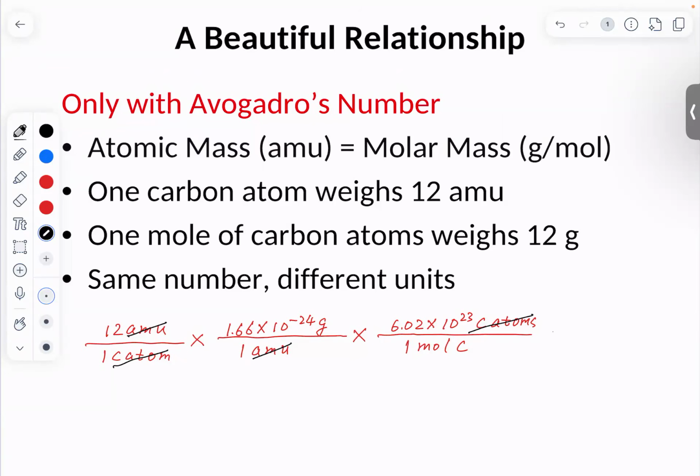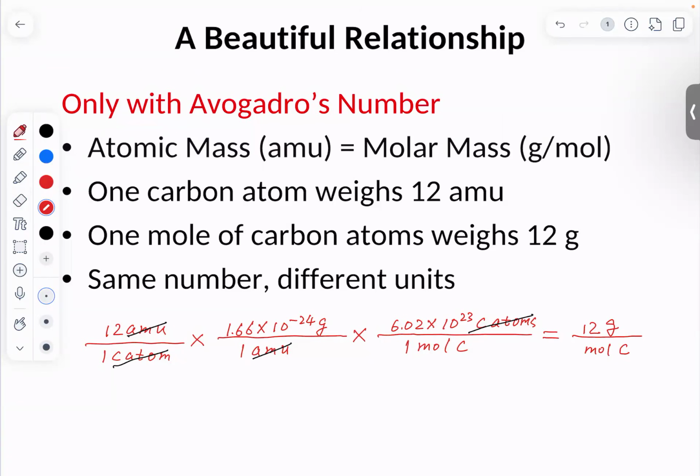Finally, we do the calculations on the numbers. We end up with 12 grams over 1 mole carbon.